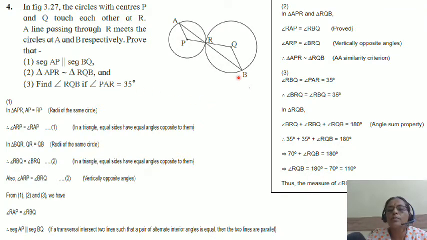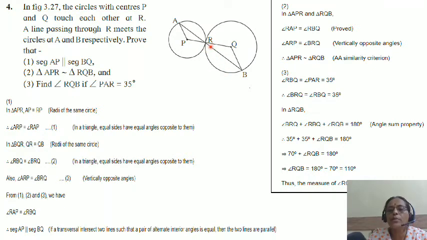Now for the third part, angle RBQ is equal to angle RAP, that is 35 degree. Okay, angle BRQ is equal to angle RBQ is equal to 35 degree. In triangle RQB, the sum of three angles of a triangle is 180.